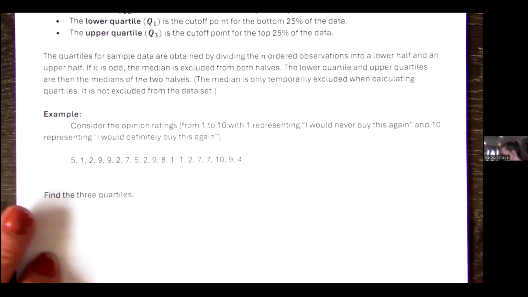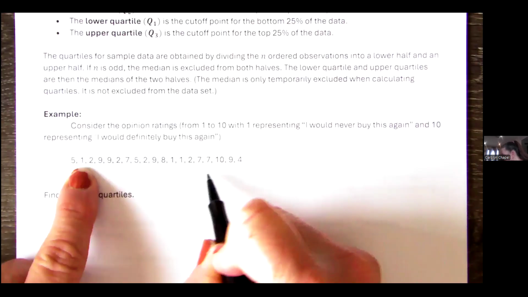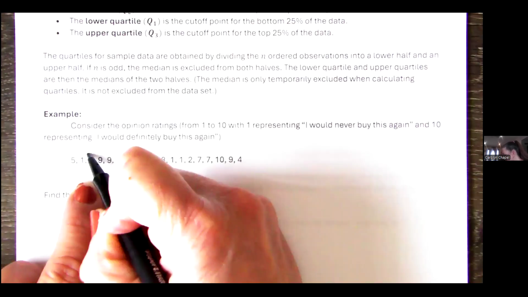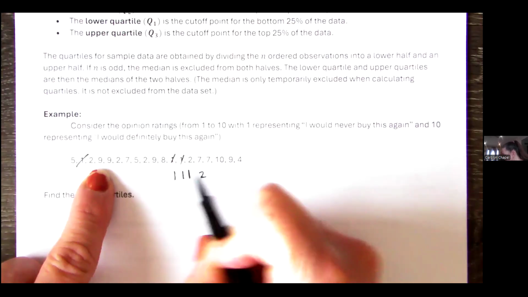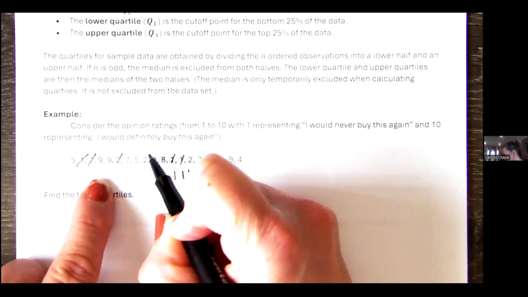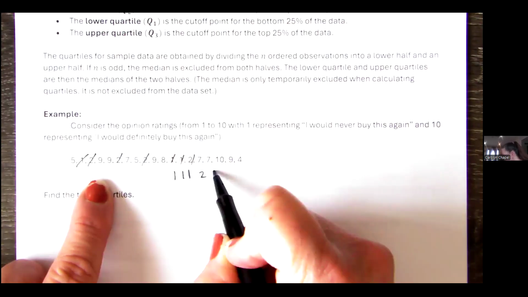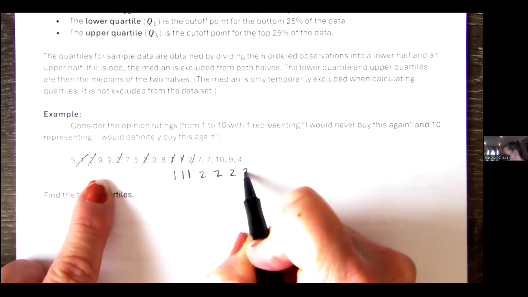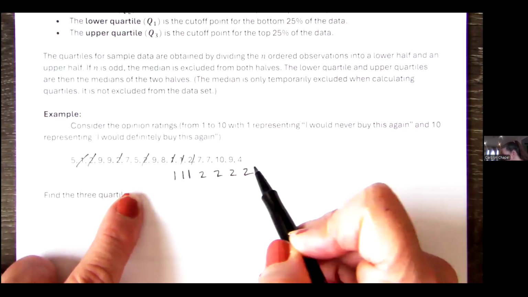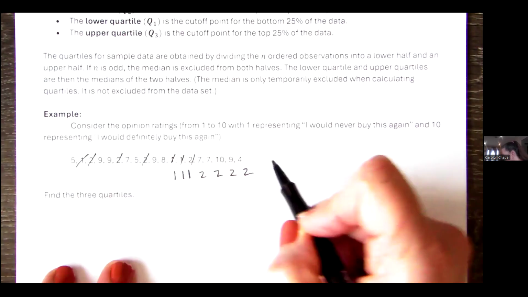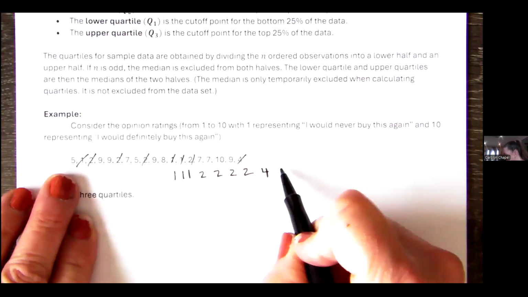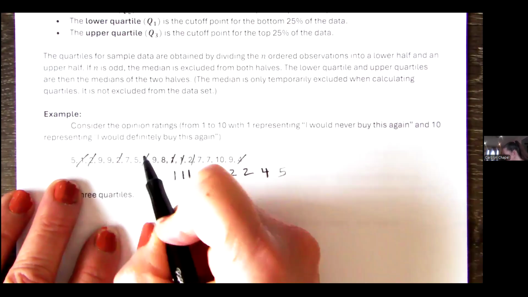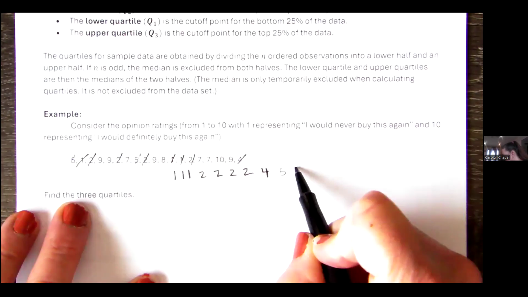I have three 1s. I have four 2s. I do not see any 3s. I do see a 4. I have two 5s. I do not see any 6s.